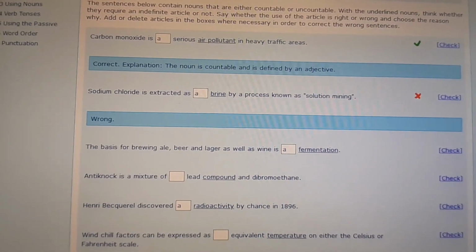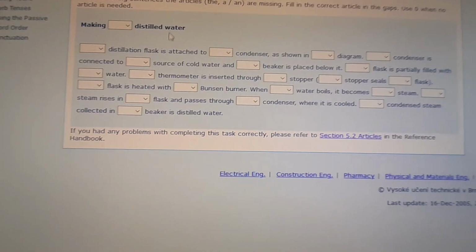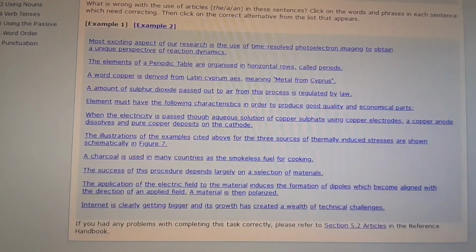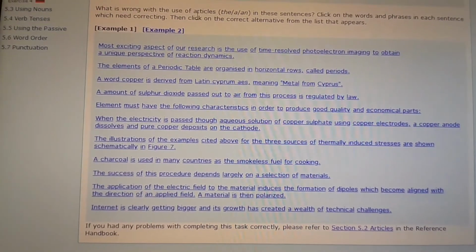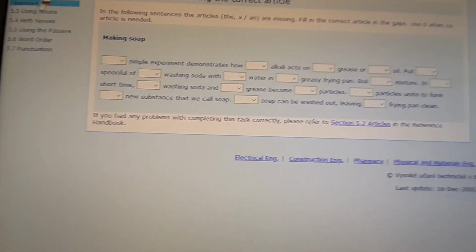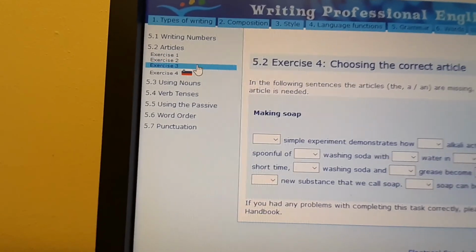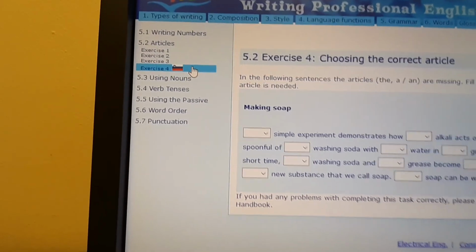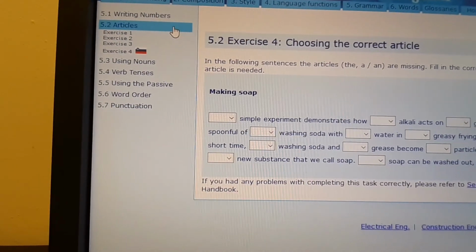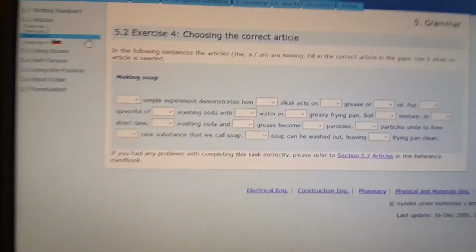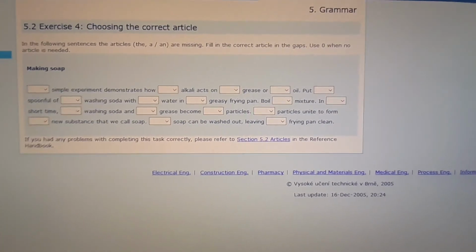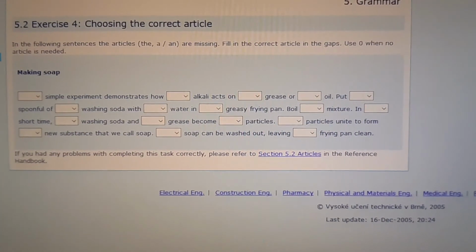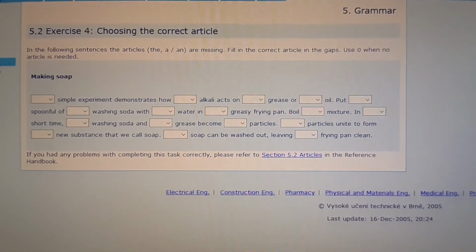So you can go through all these exercises. Go through exercise number 2, exercise number 3, correcting articles in sentences. This one is not very easy. Look at number 4. This has a Slovak flag next to it. I think it's Slovak, or maybe it's Serbian. Anyway, if you go to exercise number 4, you can do the same thing: choose the correct article.